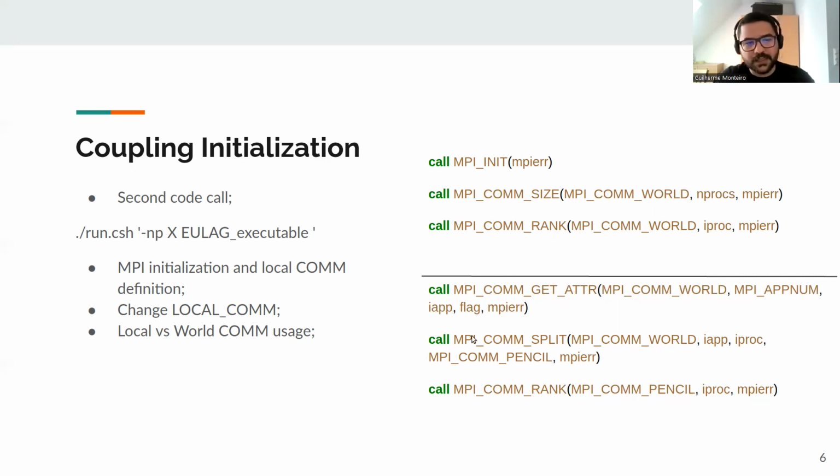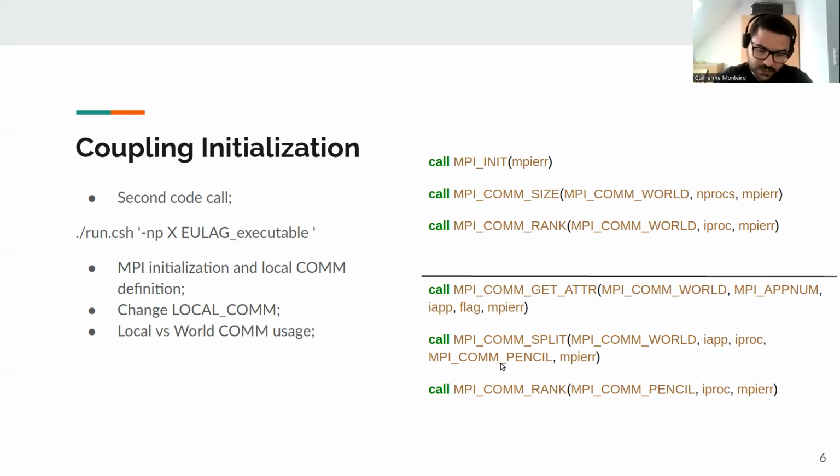And in the case that we want the code to run independently of the coupling, we have to change all of the occurrences of MPI com world in the original code by the local one. So if we change correctly, what happens if you run, for instance, Eulag alone, the MPI com world and MPI com Eulag would point to the same place.